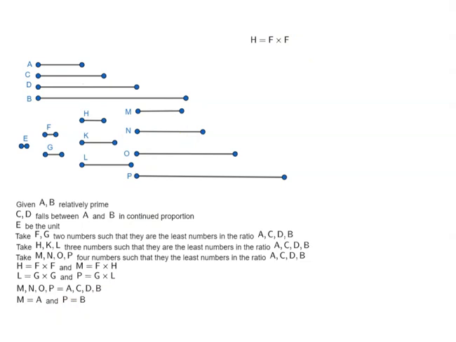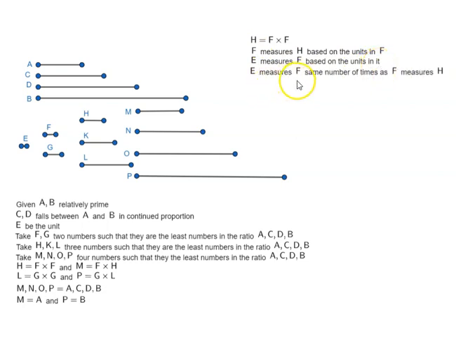H is equal to F times F, which means F measures H based on the units in F. E measures F based on the units in F. Means E measures F the same number of times as F measures H. So we can write it as E is to F as F is to H. That was one part.